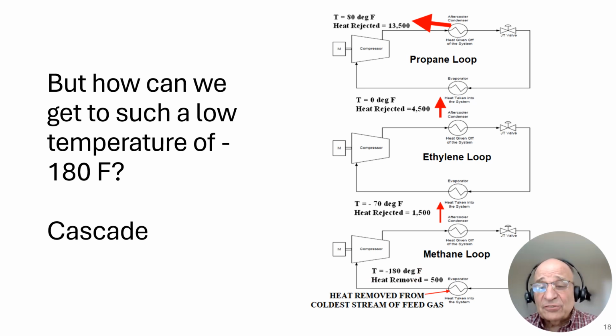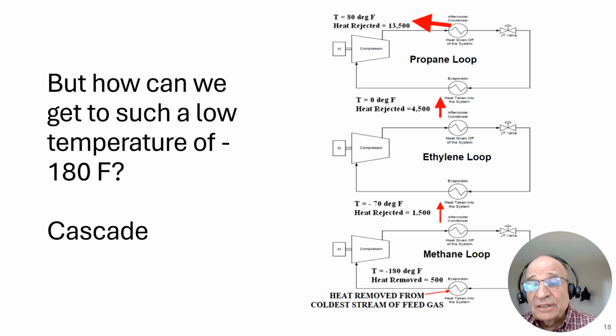Well, the methane is actually the refrigerant. I'm running methane as a refrigerant in here, and I'm using ethylene as a refrigerant in this process, and propane as a refrigerant in this process. One of the negatives about these refrigerants is they're all hydrocarbons. So if you have a leak, you can have a hazardous condition.